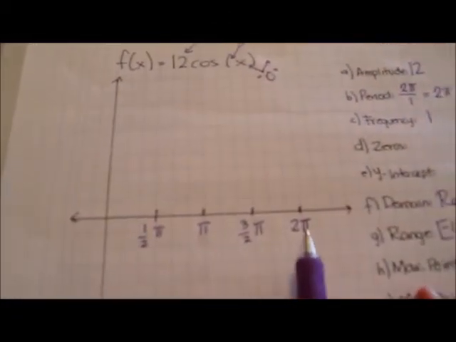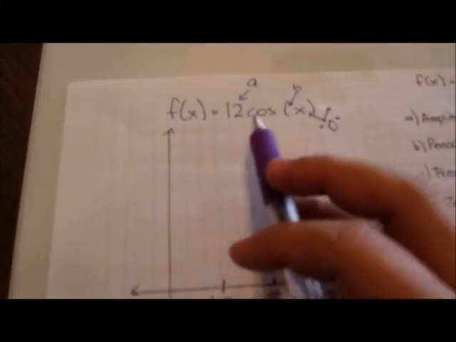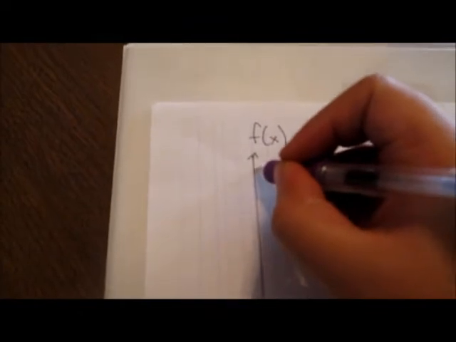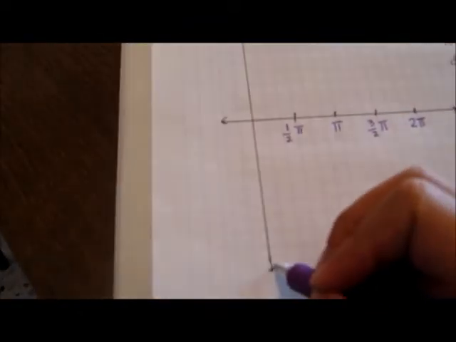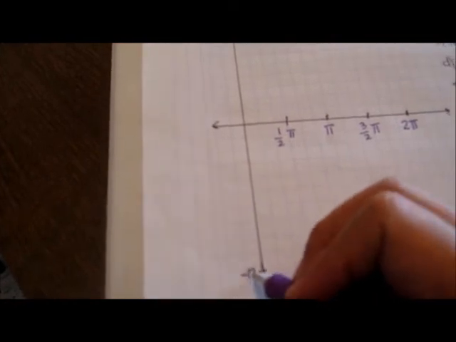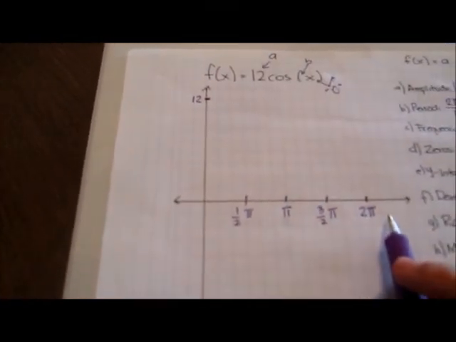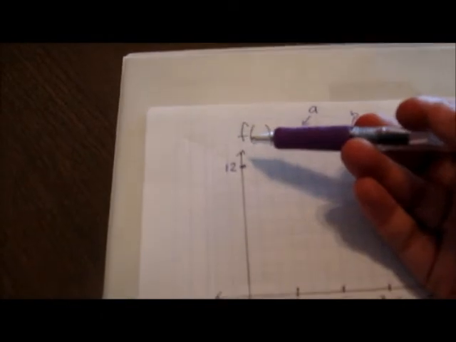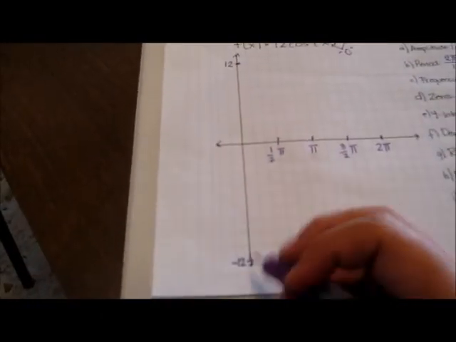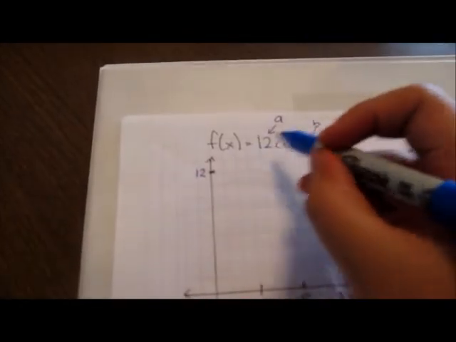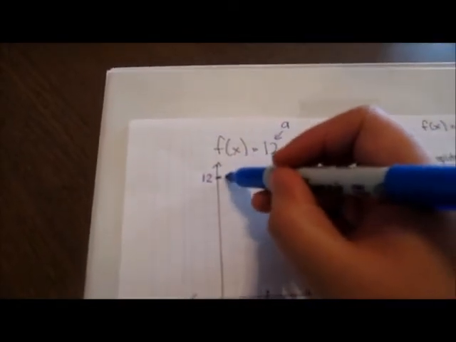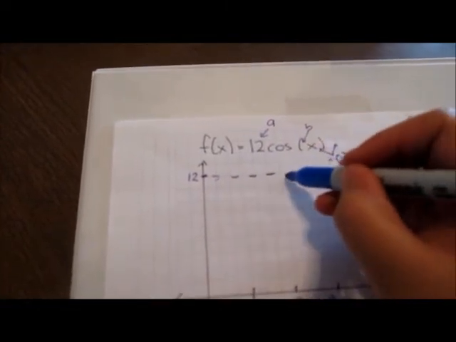So I find my points. I need also to write my amplitude, my positive 12, and my negative 12. So I find all the values in the x-axis, and I find my values in the y-axis. So I just need to use a color. Well, I don't have green, I will use blue.